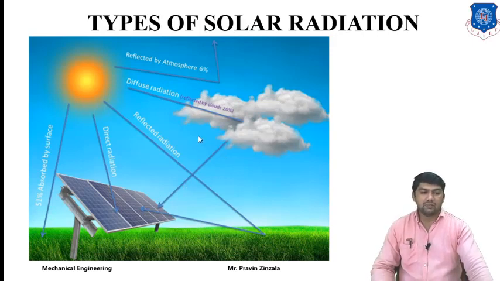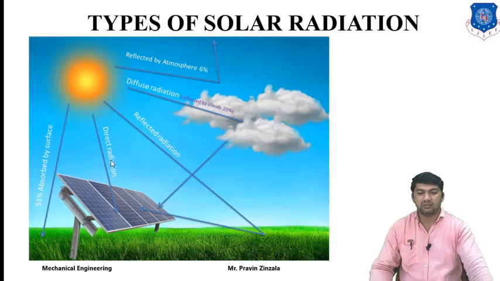Some amount of radiation is absorbed by the atmosphere, and some is scattered due to atmospheric conditions such as dust particles, dirt particles, cloudy atmosphere, or water vapor present in the atmosphere. So after receiving, the solar radiation is of lower intensity, and it's called diffuse radiation.